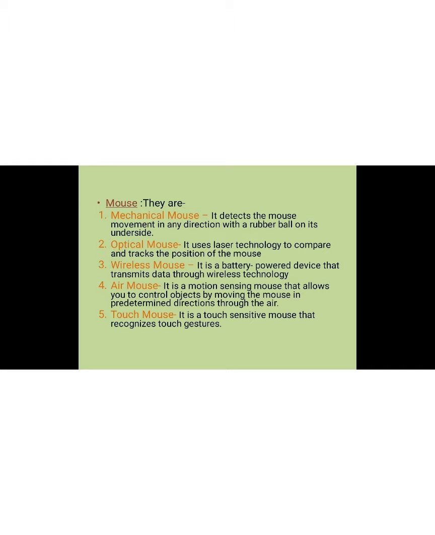It is a battery powered device that transmits data through wireless technology. Fourth, air mouse. It is a motion sensing mouse that allows you to control objects by moving the mouse in predetermined directions through the air. And last one is touch mouse. It is a touch sensitive mouse that recognizes touch gestures.